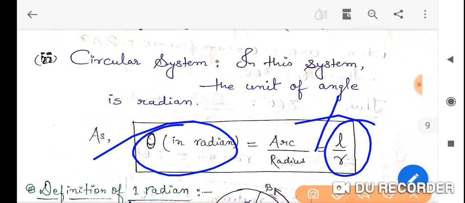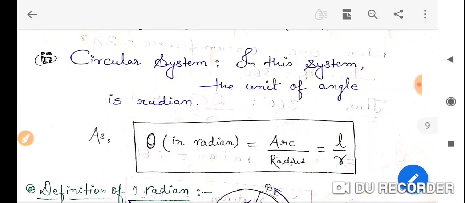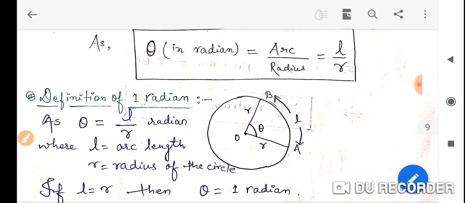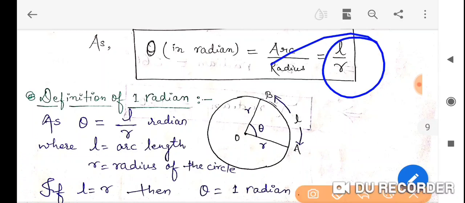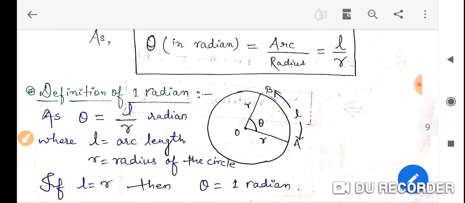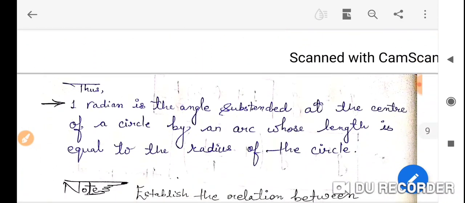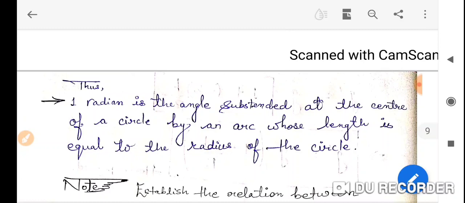So let's define 1 radian. Looking at the above expression, it is quite clear that when L equals R, the value of theta will come out to be 1 radian. So the definition of 1 radian is the angle subtended at the center of a circle by an arc whose length is equal to the radius of the circle.